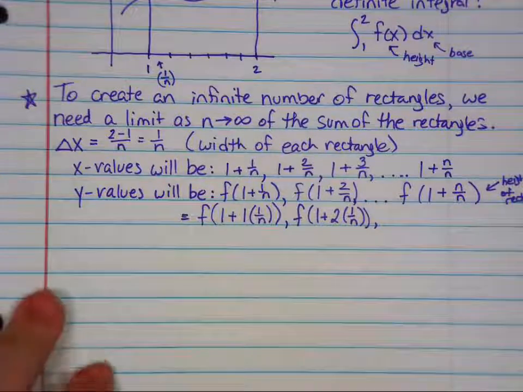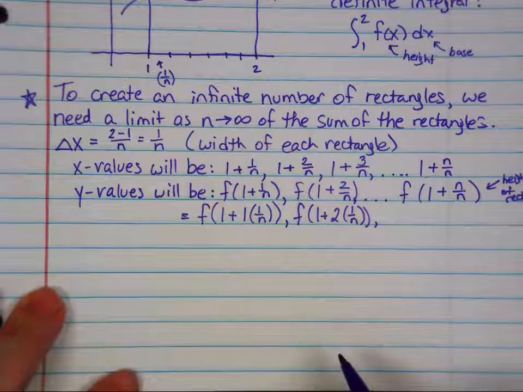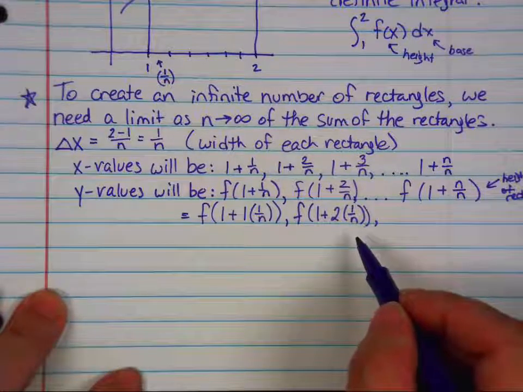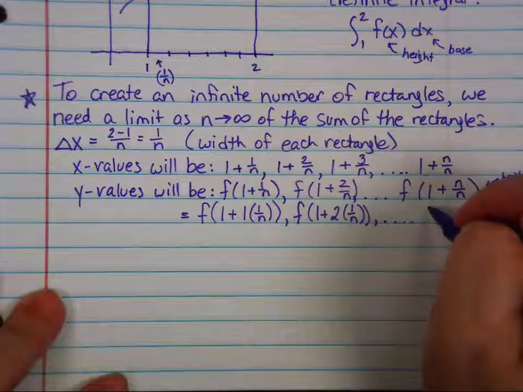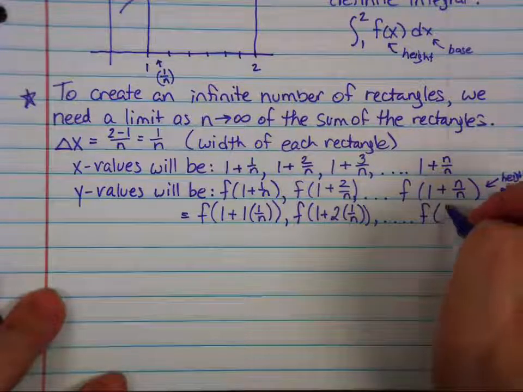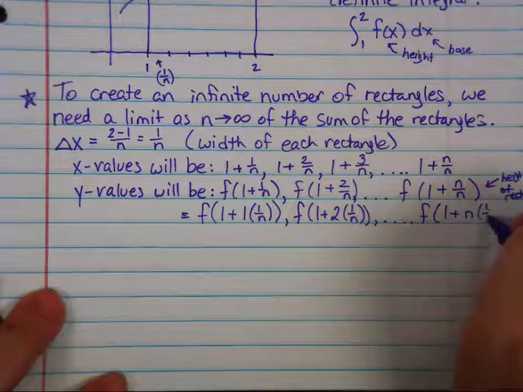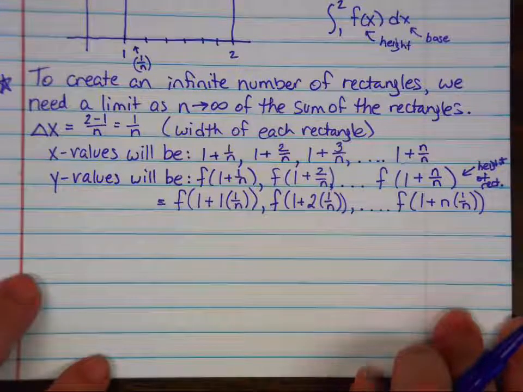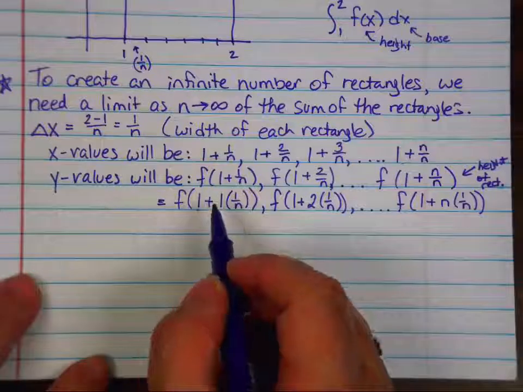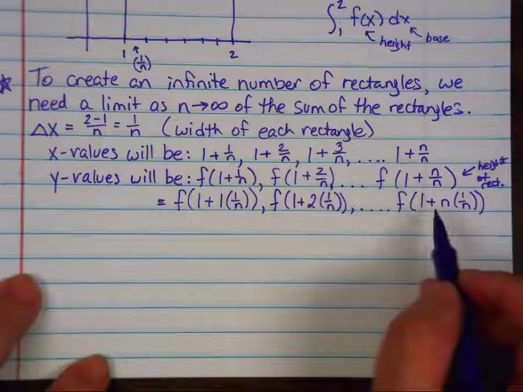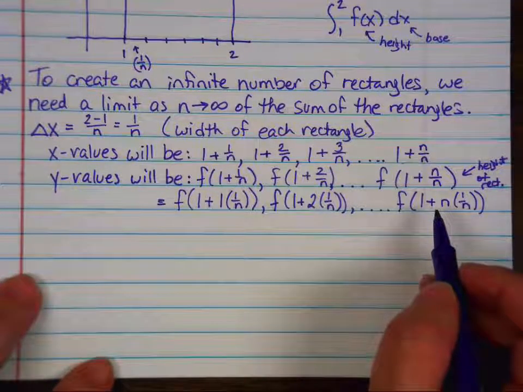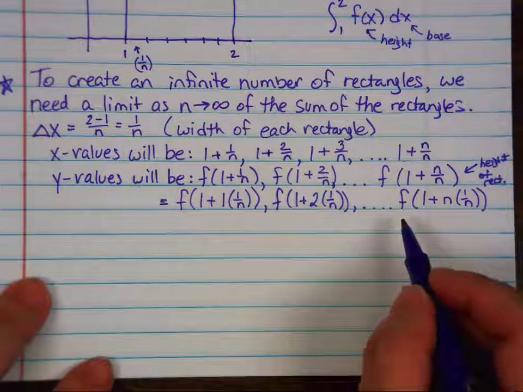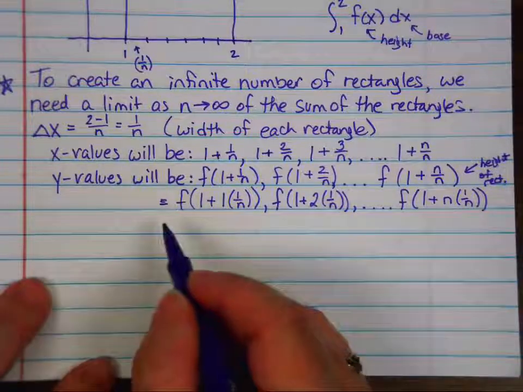If I was to write down the exact next one, it would be f of 1 plus 3 times 1 over n. But I'm going to skip over to the last one, f of 1 plus n times 1 over n. Okay. Now the 1, the 2, the 3, up to n, those are my k values like I said. So now I can actually put this in a minute into the summation, but I've got to talk about what the area is going to be.